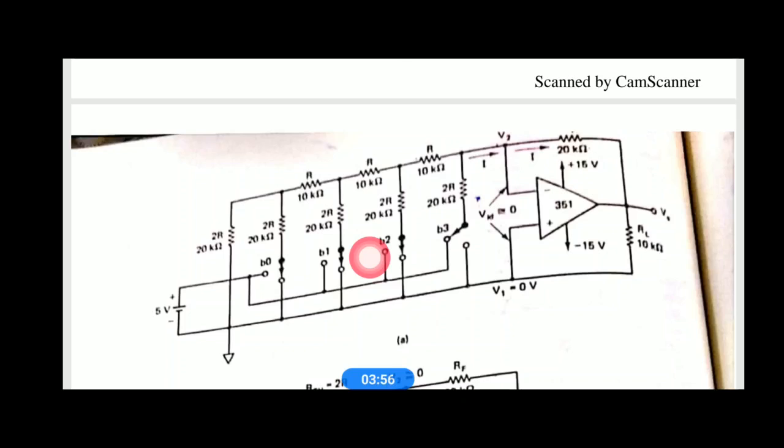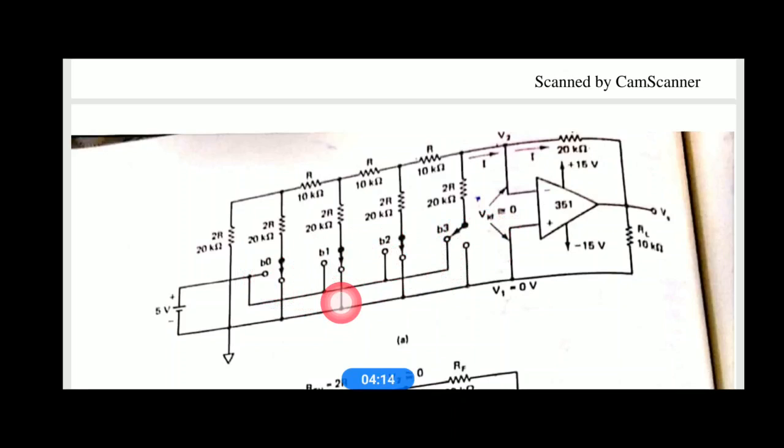Using Thevenin's equivalent analysis, we will get the voltage due to different inputs which are connected at the input side of this circuit.